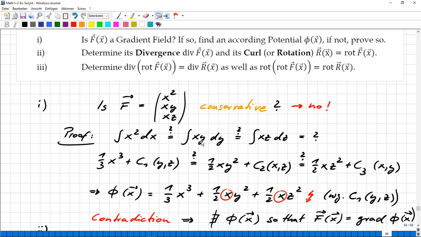Everything's fine. Next and last one, final one, x times z integrated for z. It's quite similar. You get 1/2, x stays there, and then z squared, and plus a third constant, which may depend on x and y, but not on z.